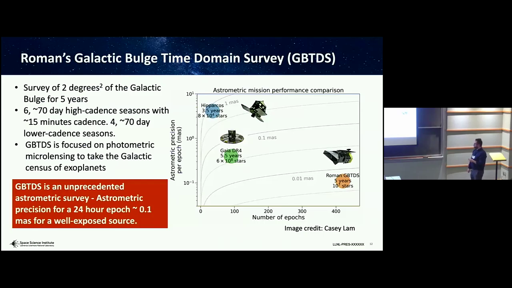We've got loads of epochs, and we've got a really good per epoch astrometric precision. So it's a really good transient astrometric machine, which is kind of exciting. But I think where it suffers is the number of sources in the sky coverage. It's a tiny patch of sky.